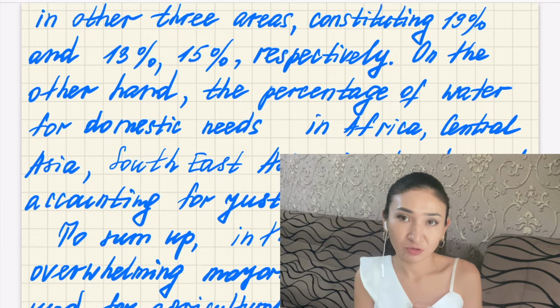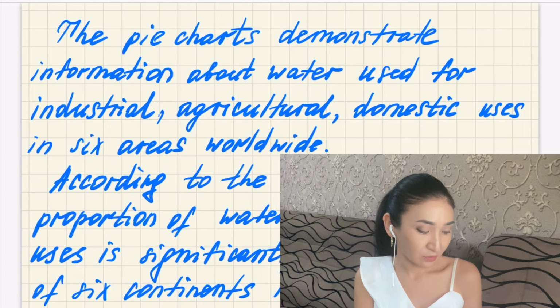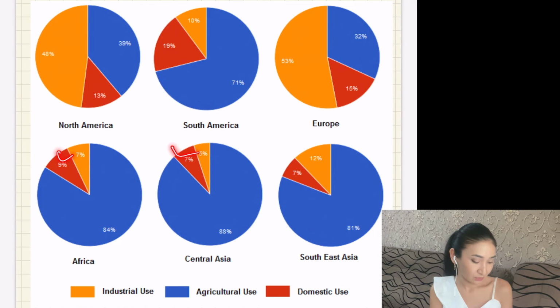It's better to keep them in order, not to mess all of these up, and describe by order. So the other part I just go with minority, which is the other 3 continents, which is Africa, Central Asia and Southeast Asia.